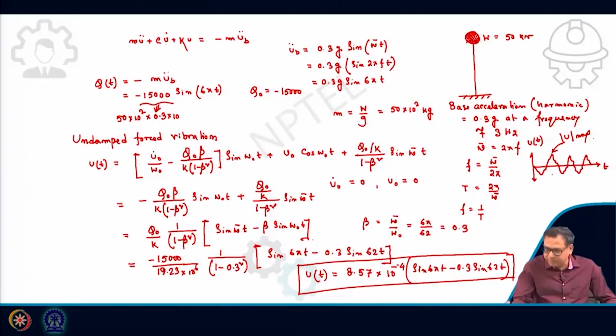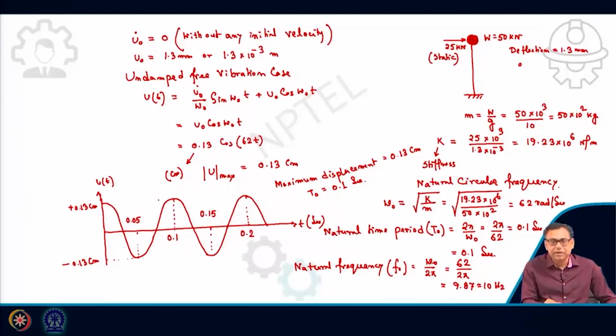So you will get the displacement response, and then you will plot it. In the previous case also I plotted the displacement response. So that means for a structure whose T0 is T01, you plot the response, u(t) with t.